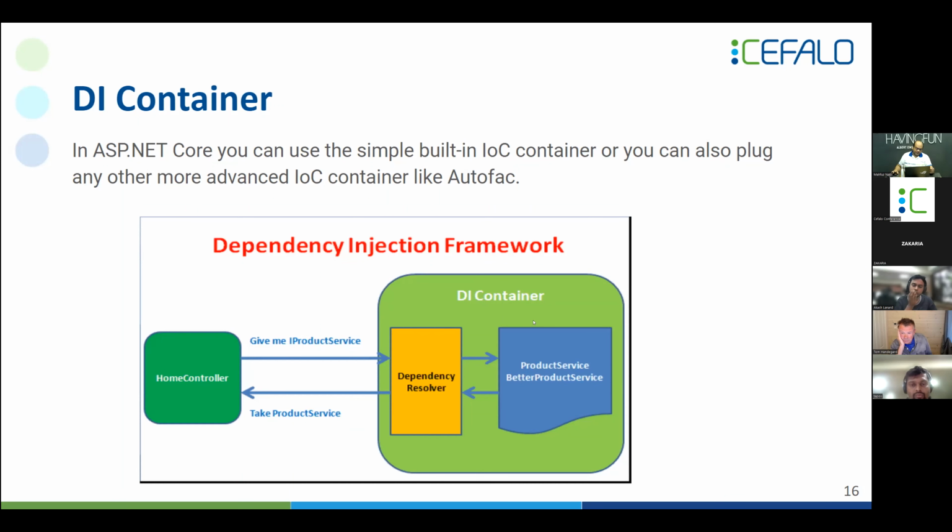The main reason the DI container is so useful is that it resolves service dependencies, and you push things inside it. The main objective of showing you this is how you can use the built-in IOC container and how you can use Autofac, which is more advanced.